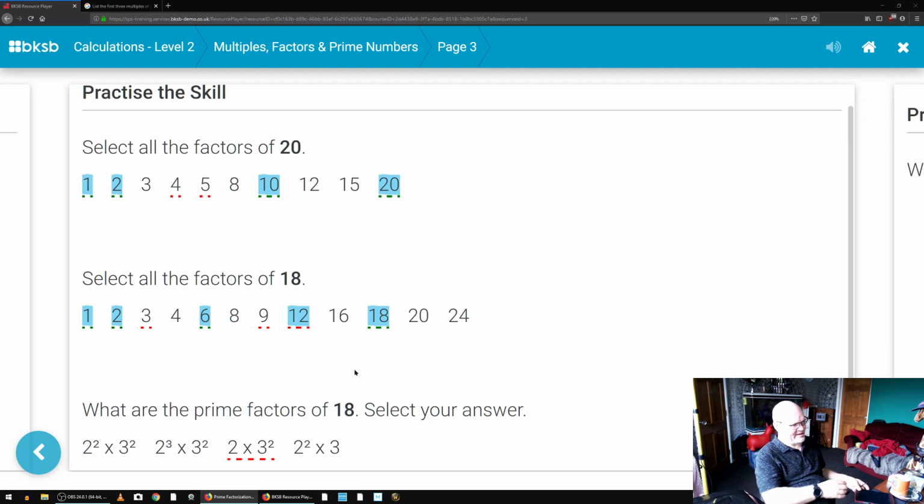So for 18, the prime factor of 18 would be, now I understand what the little branches are for, you're dividing it by 2, which gives you 9. And now you have to divide it by a prime number, 3, 5 or 7. So we divide it by 3.